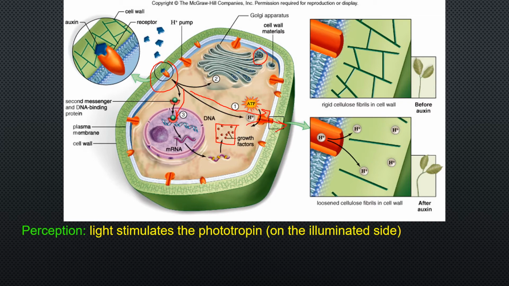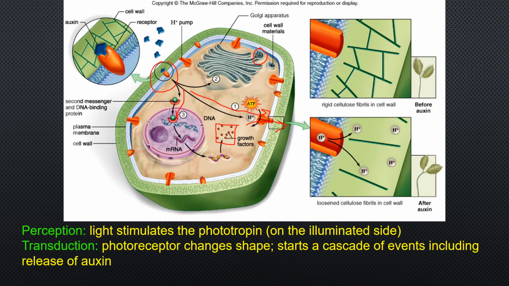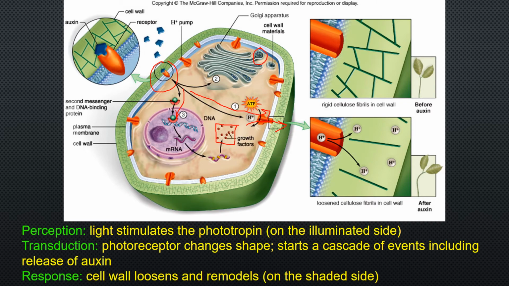So for our particular situation here in this cell, our perception is light stimulating the phototropin on the illuminated side. Our transduction is that the photoreceptor changes shape and starts a cascade of events, including the release of auxin. And the response, once this auxin has bound our receptor, is that the cell walls loosen and remodel.